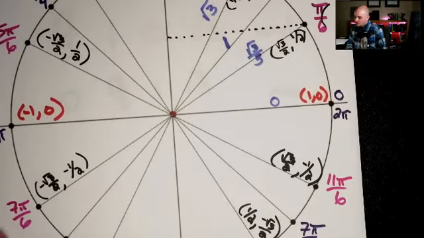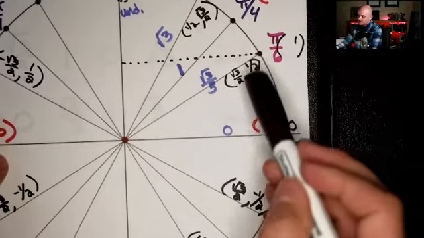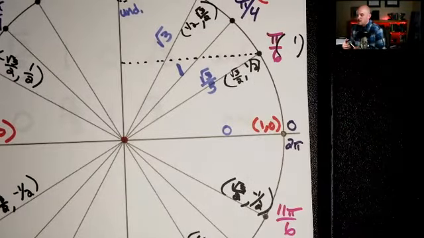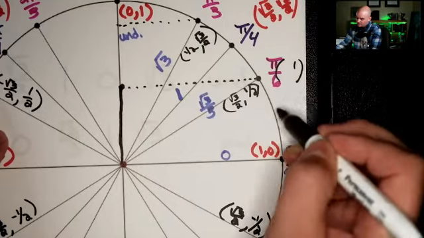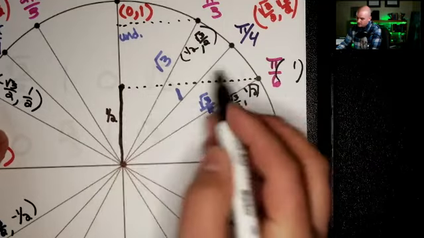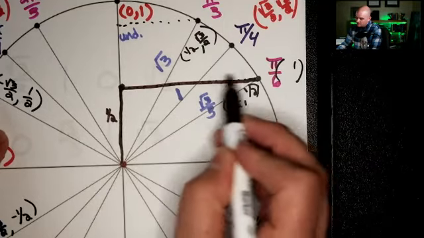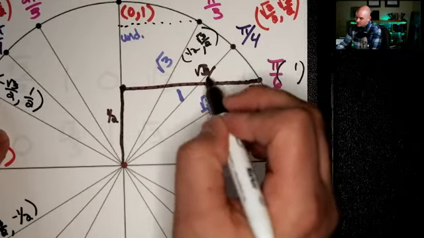Because what I want you to think about now is, instead of thinking about this as sine over cosine, I now want you to think about tangent as slope. So if I look at this and I rise to this point right here, I've risen 1/2. And then I run this distance, which is square root of 3 over 2.